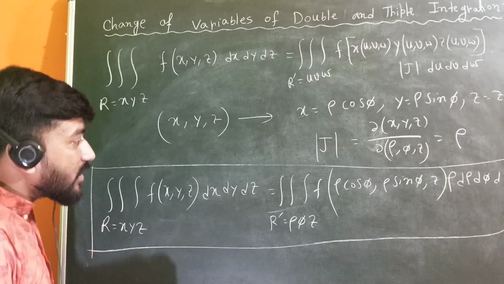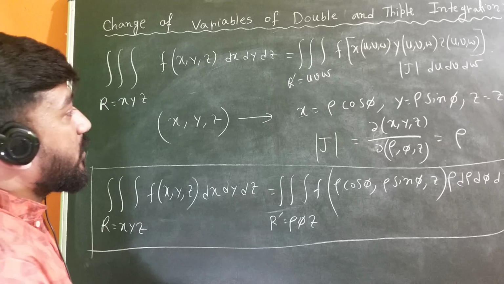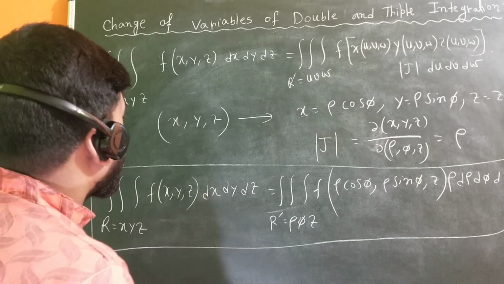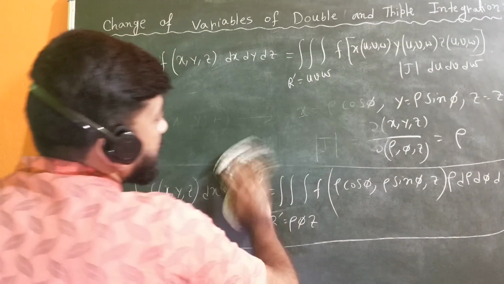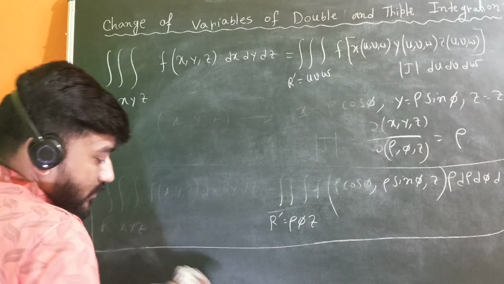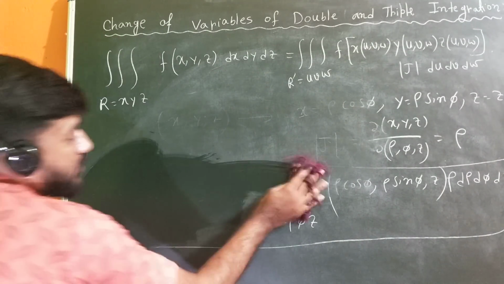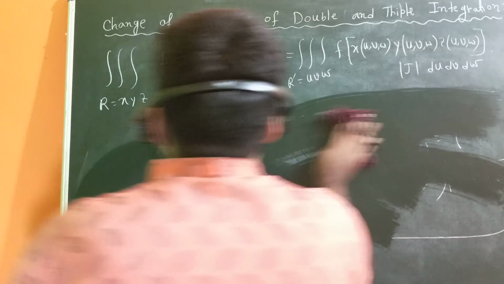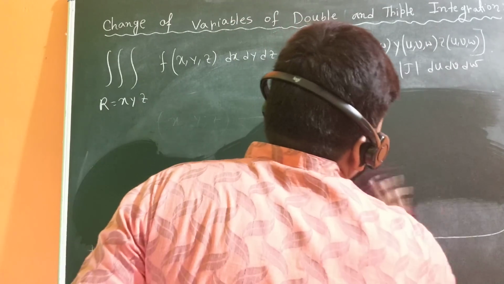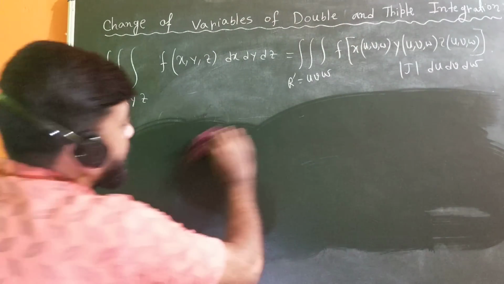Okay, so now let me take the spherical coordinate. For spherical coordinate, what will be changed? So the conversion, this is the general conversion formula actually, and we are going to take here each and every special case.